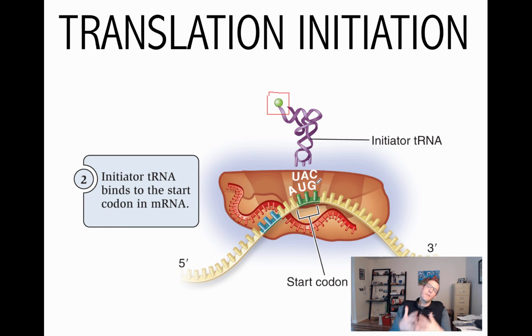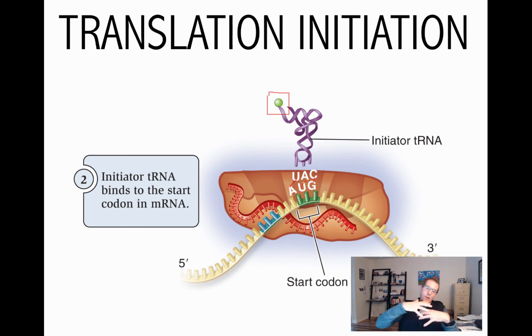So now we've got our first example of how we are decoding the information in the mRNA, which is just a version of the information in the DNA, using the tRNA and the genetic code. So UAC matches AUG, so the U and the A can base pair, and the C and the G base pair.